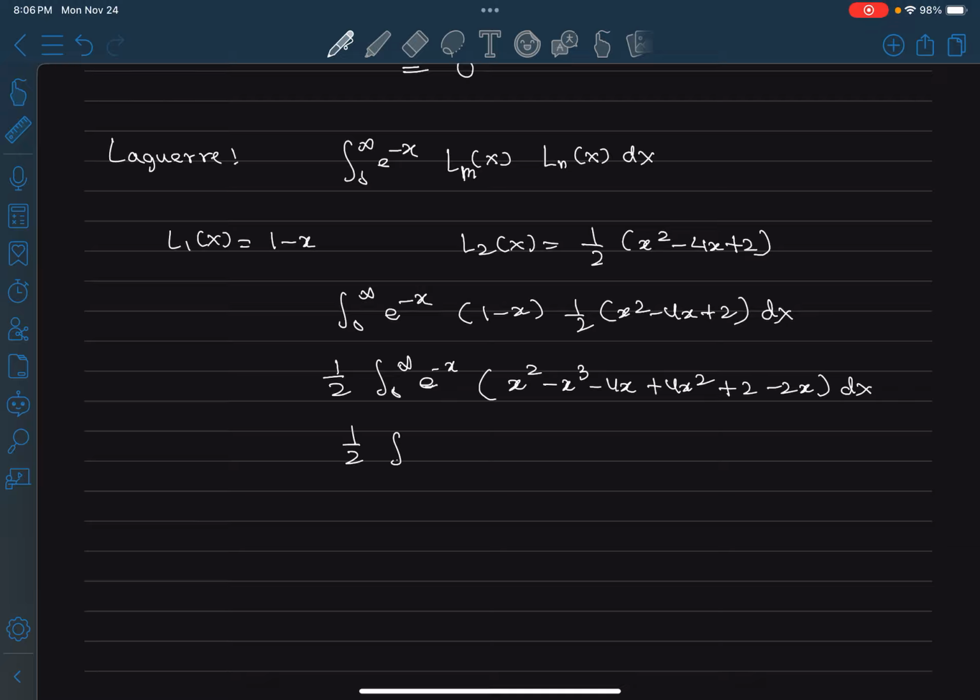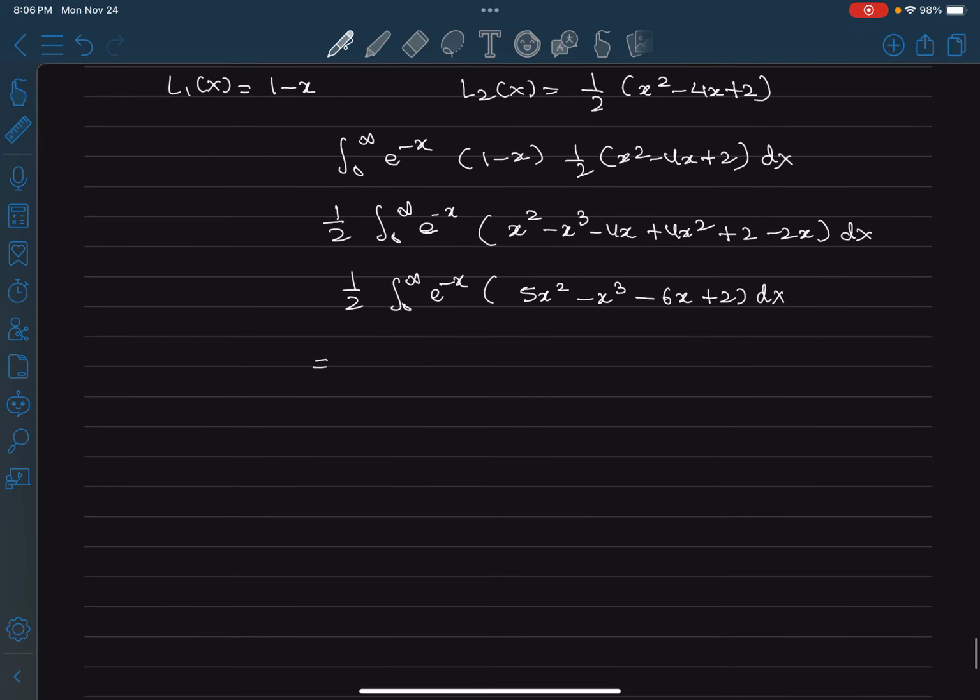Okay, half the integral from 0 to infinity of e to the power minus x. Now this is minus x cubed plus 5x squared minus 6x plus 2 dx, right? Okay, now we can use the gamma function again.